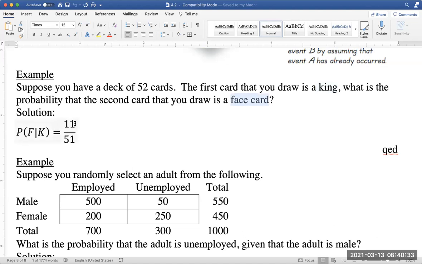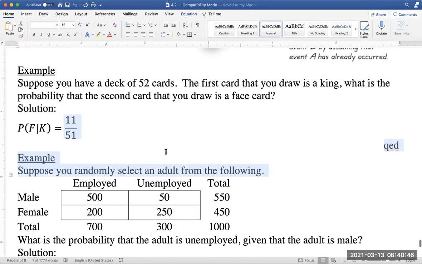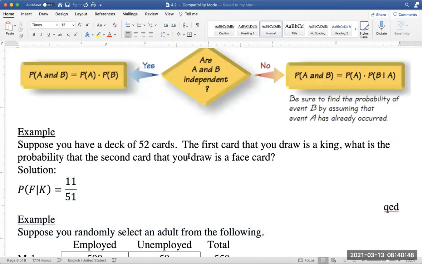Well, there are only 11 face cards remaining out of the remaining 51 cards. So 11 out of 51. I'm assuming that once you pick a card, you don't throw the card back into the deck. You pick a card and you keep it in your hand. You're drawing cards.